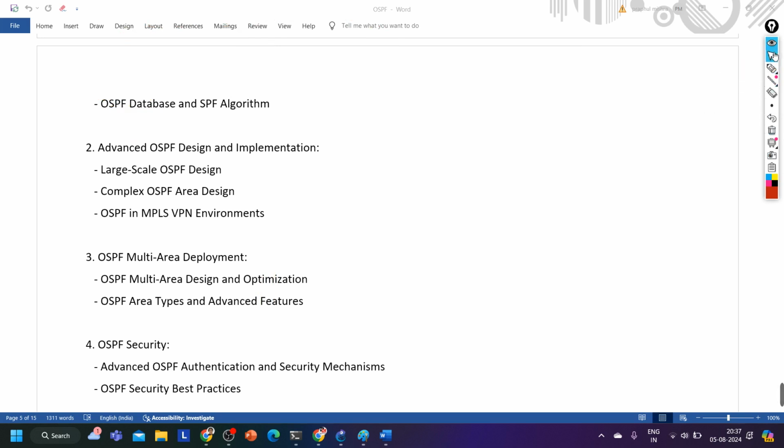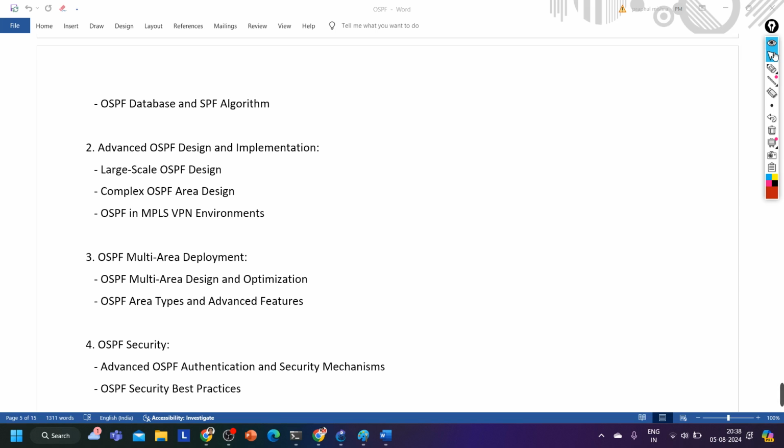And we are not only using OSPF in internal networks. OSPF is an IGP, an interior gateway routing protocol, which means we use it inside the network for internal communication. Maybe you think only enterprises use OSPF in their internal networks.